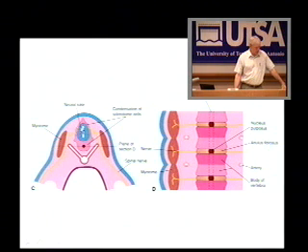Neural crest cells have already sent their central process invading into the developing spinal cord.